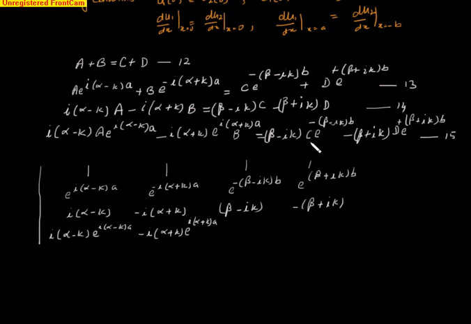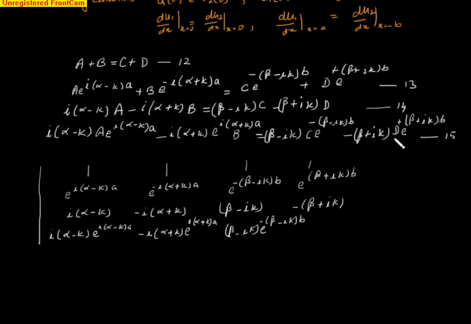Now the coefficient of c I have to write. For that I will write (beta minus iota k), this one, e raised to minus (beta minus iota k) times b.